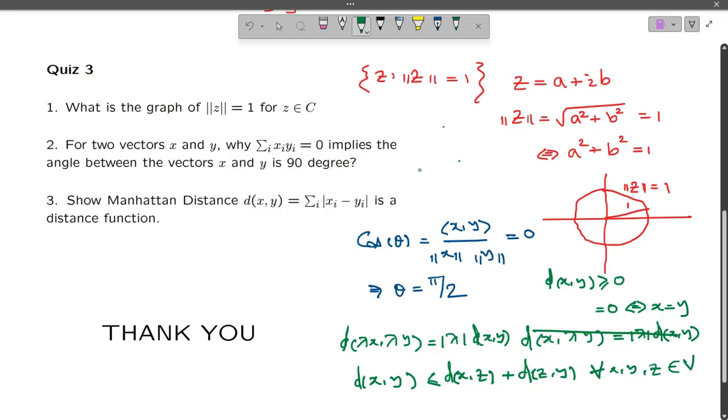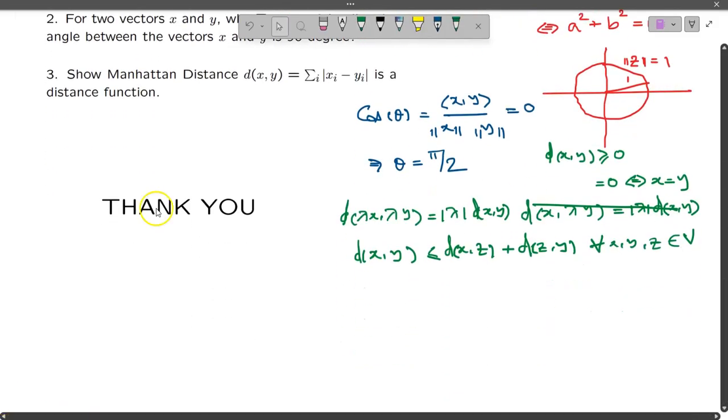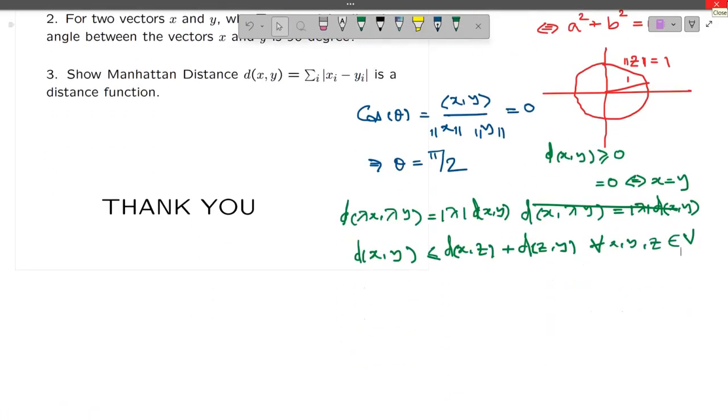Because we have the summation of |xi minus yi|, which is the sum of the absolute values, equal to, if I introduce a z, |(xi minus zi) minus (yi minus zi)|.